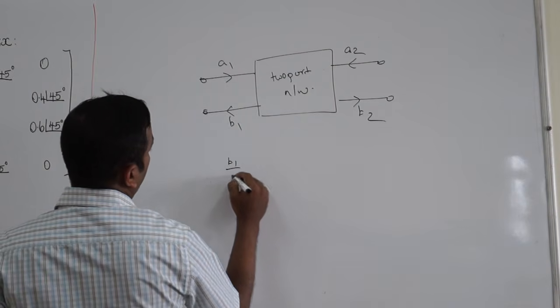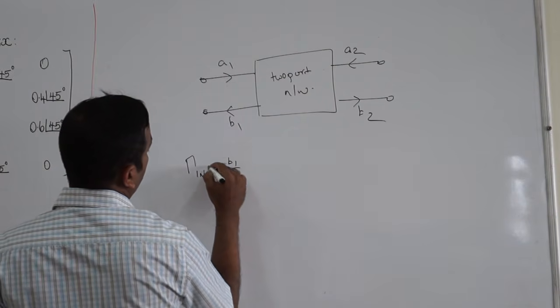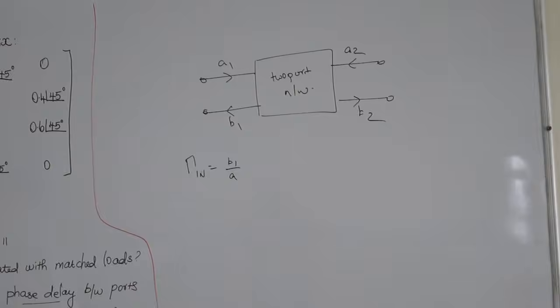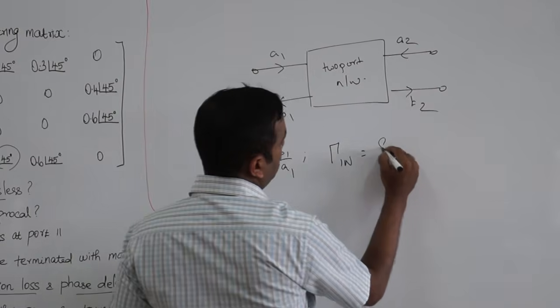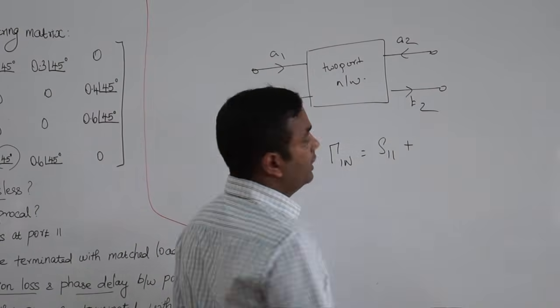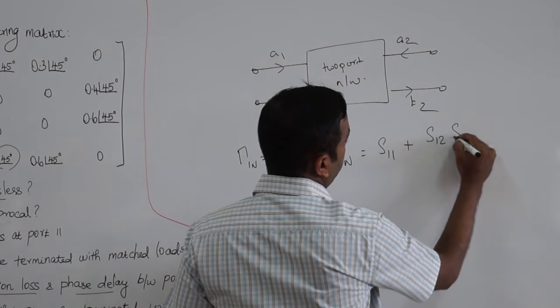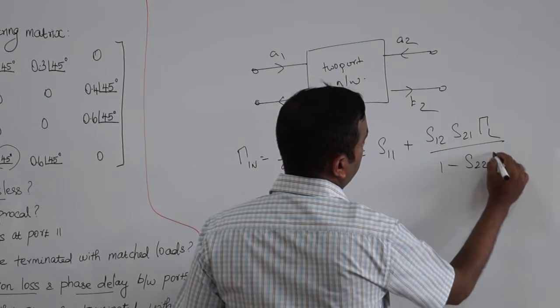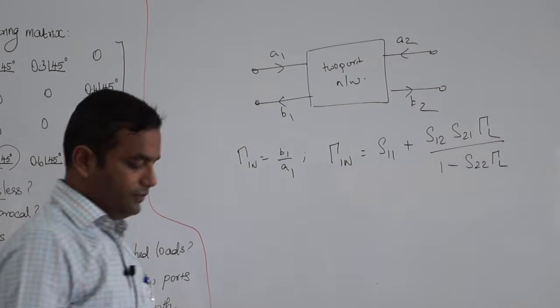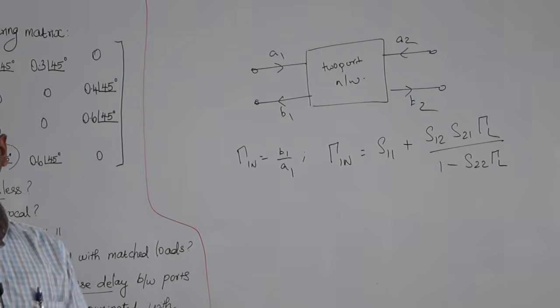B1 by A1 will be your input reflection coefficient, which will be given by gamma in is equal to S11 plus S12 S21 gamma L by 1 minus S22 gamma L. So this will be your input reflection coefficient.